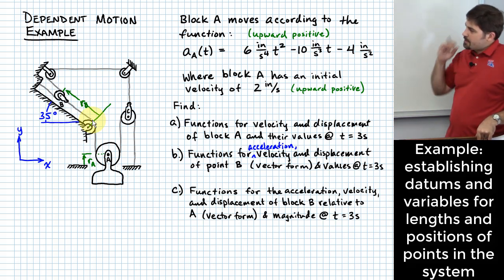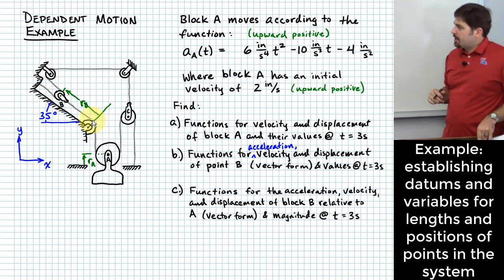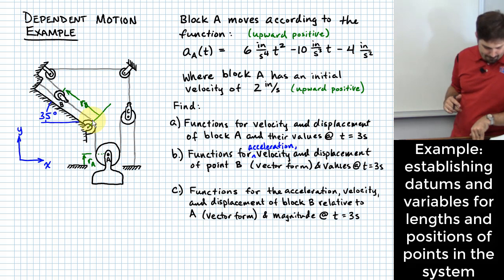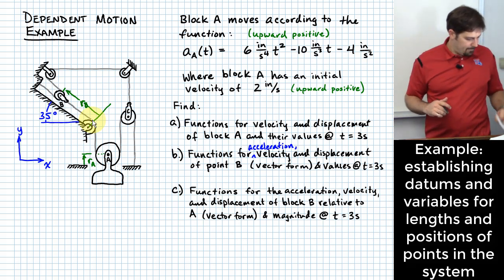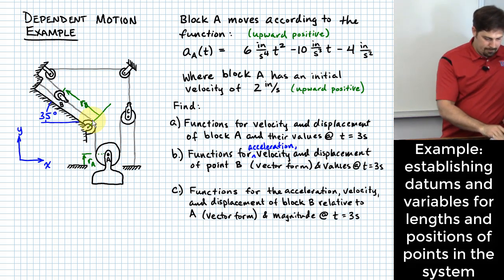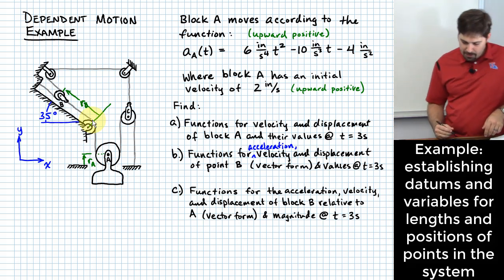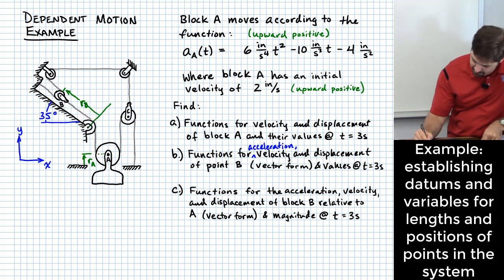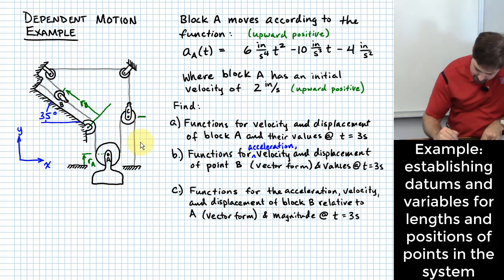So those are a couple of things that we might care about. What else do you think we might care about? How about the height of point C? All right. That seems like that might be something we might want to define in terms of a variable.